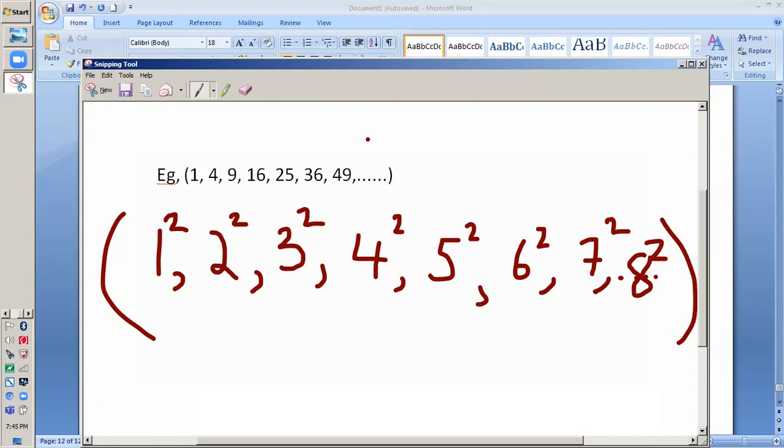What will come after 64? 81, because 9 nines is 81. And then what will come after that? 100. You follow? All right, so those are what we call square numbers.